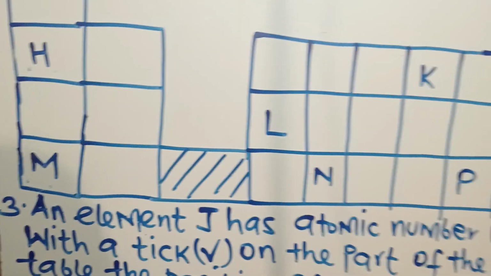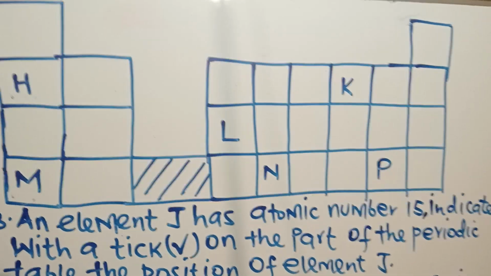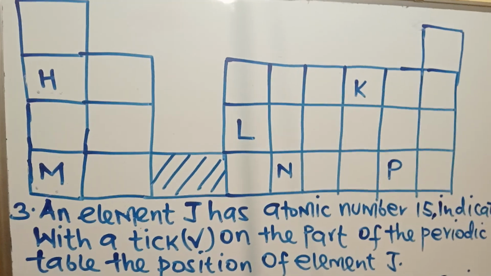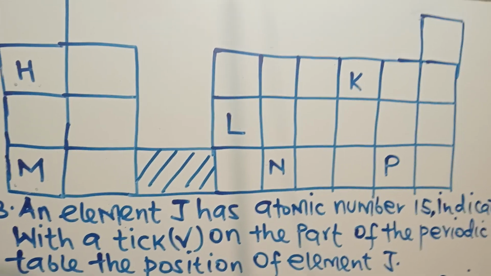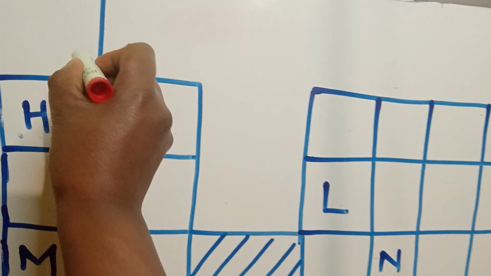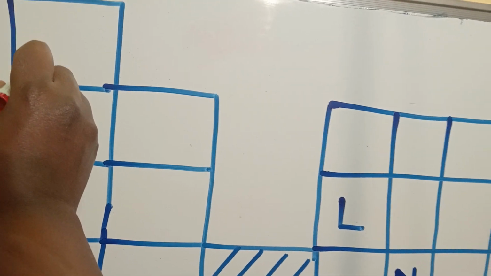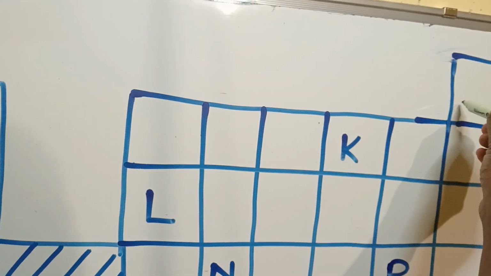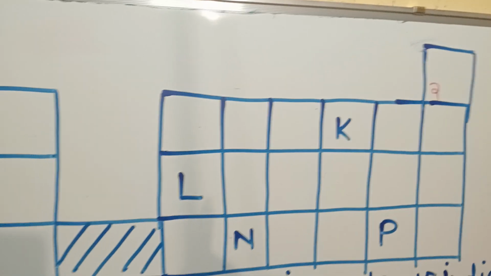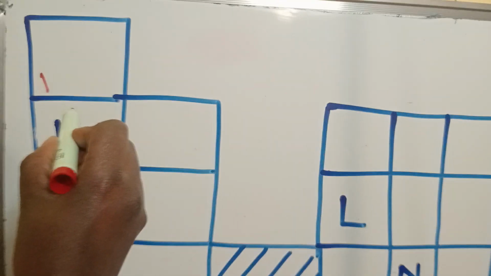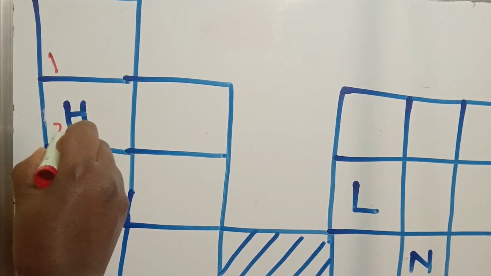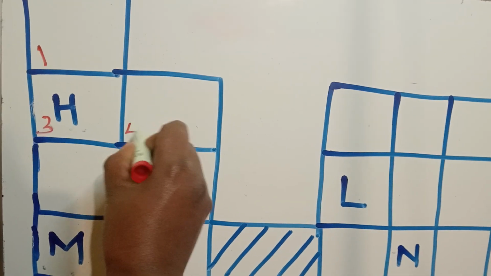On the grid, the periodic table that has been provided, we are supposed to write numbers, and last time I showed you we begin with number 1 there. Then on the other side we have number 2. We come back this side, we have number 3, then number 4.